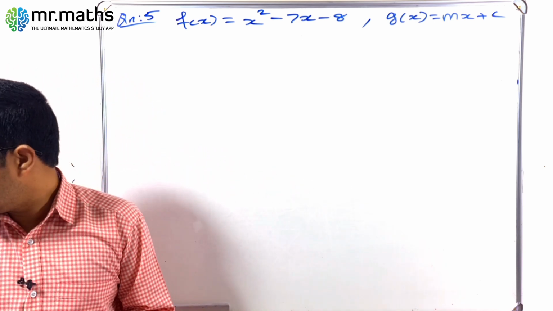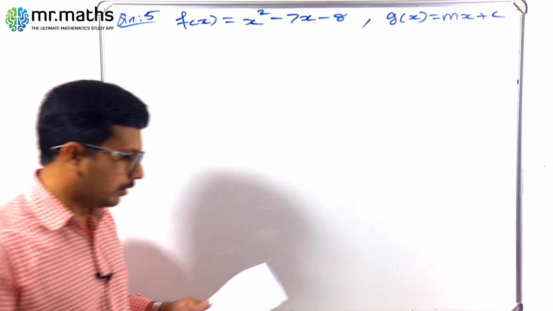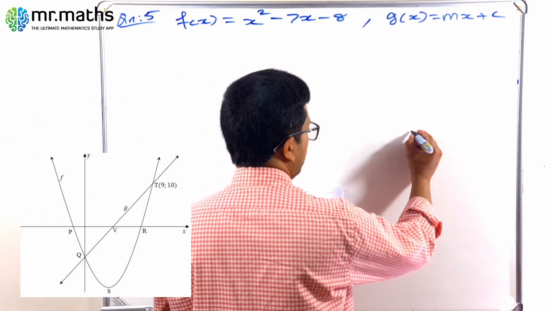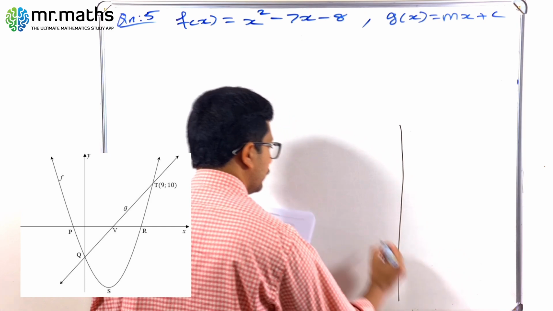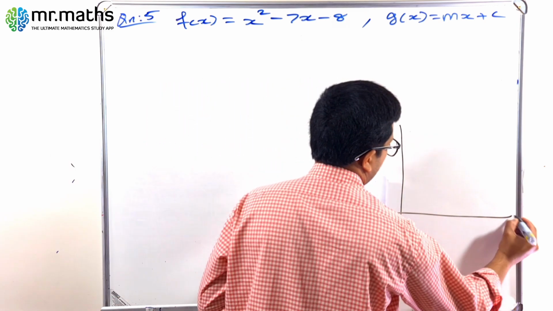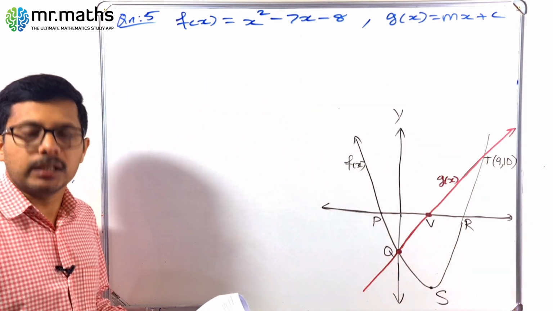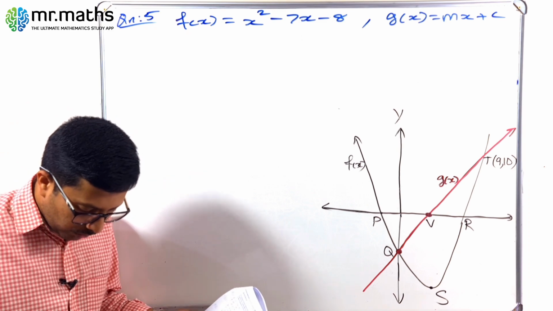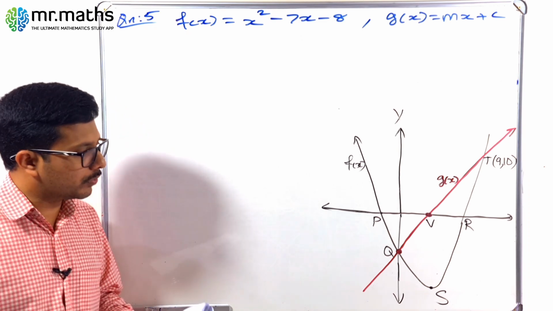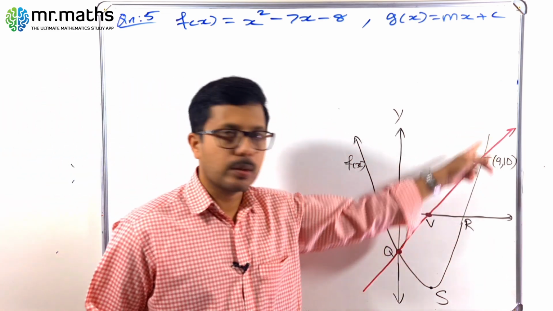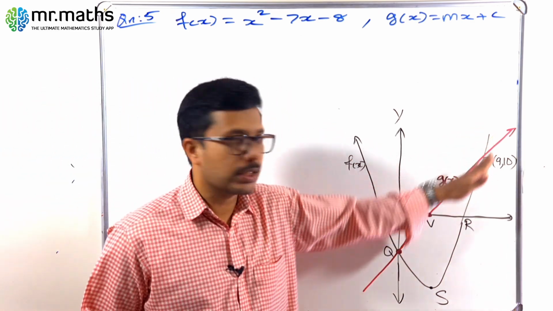First let me draw the diagram given in the question. Okay, so this is the given diagram. Based on this diagram you have to answer the remaining questions. Here you can see that f of x is a parabola and g of x is a straight line.